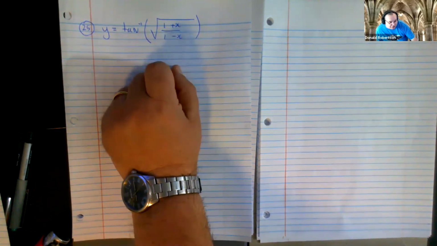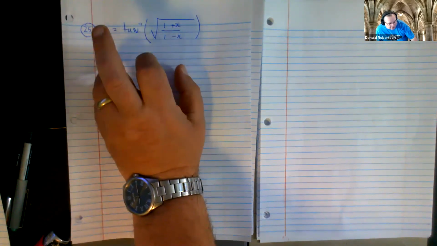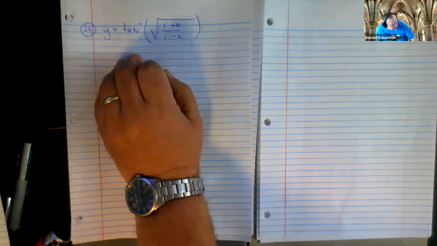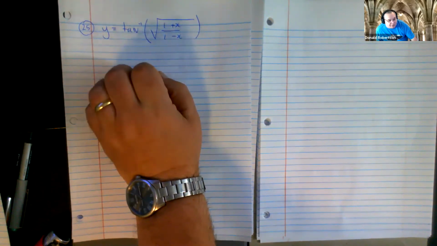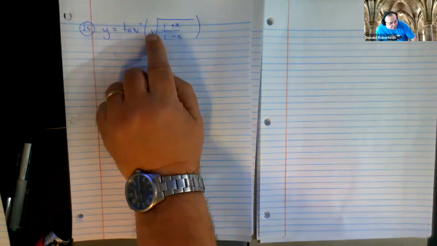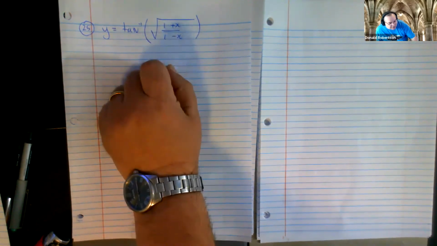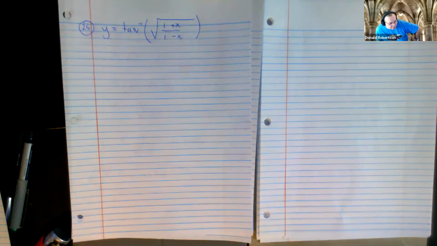So as far as chain rules go, isn't this like a Russian doll? It's a chain rule inside a chain rule inside a chain rule. If that wasn't bad enough, it's an inverse tan, so we've got to cope with that. And if that wasn't bad enough, don't we have to do a quotient rule because of this piece? And added on top of all of that hard work, we still have style points to deal with.